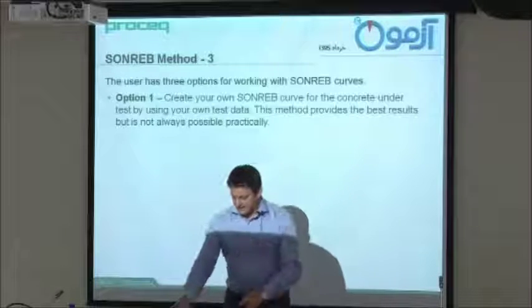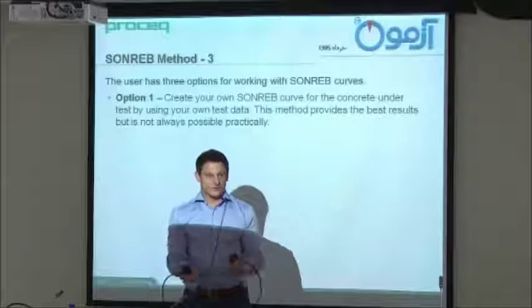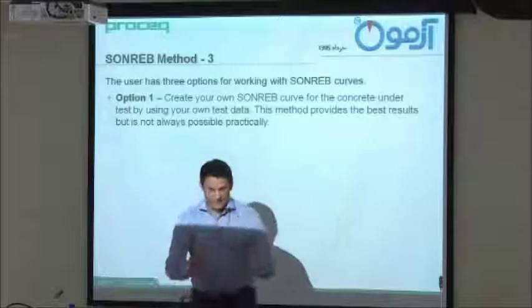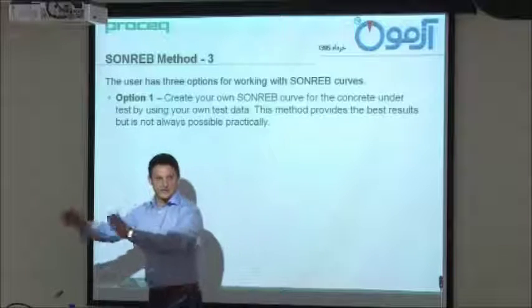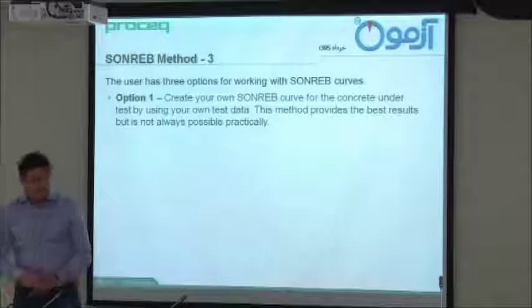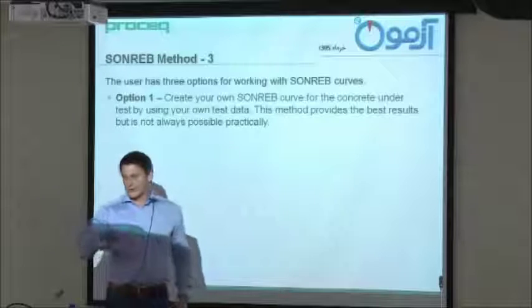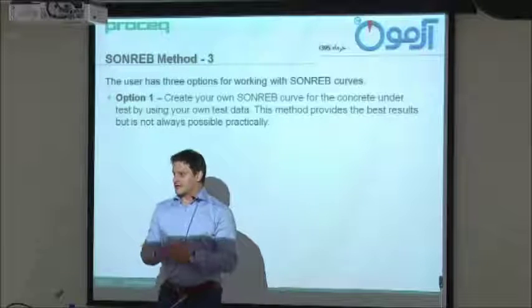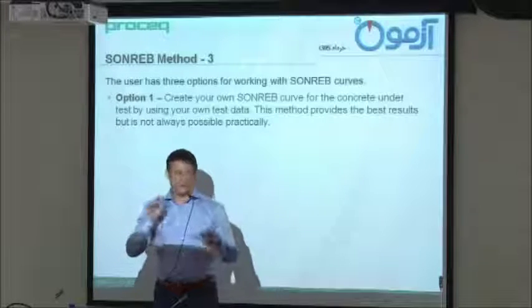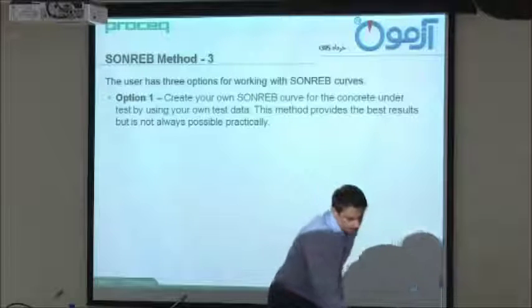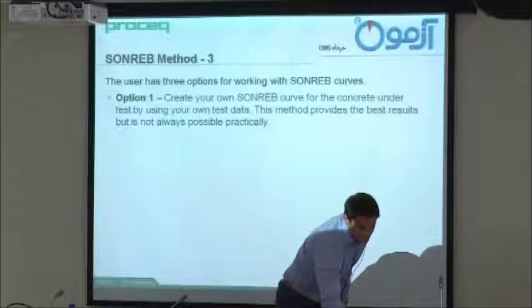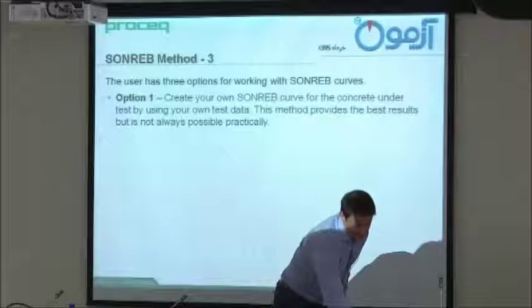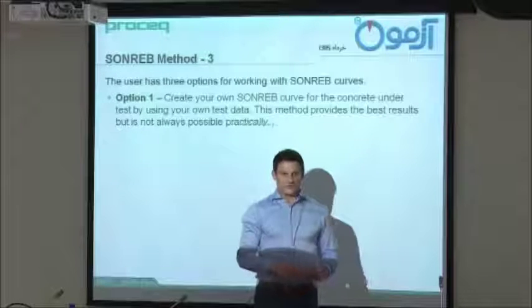So what is needed is you just don't do it on one point. You use it here, then you go somewhere else, you test again, and maybe you check first the grid of the rebars, so that you make sure you're in between the rebars and not exactly on the rebars. So how you can create your own, there are three options.